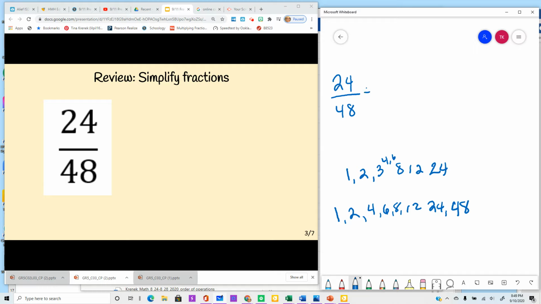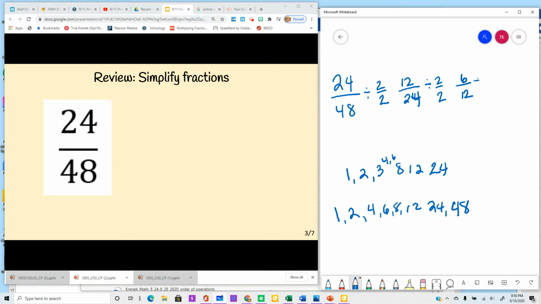or we can divide by 2. So if I divide by 2, I'm going to get 12 over 24. I can divide by 2 again, and I'm going to get 6 over 12. I can continue dividing by 2. So if you look at it, 2 and 2, that would be 4.